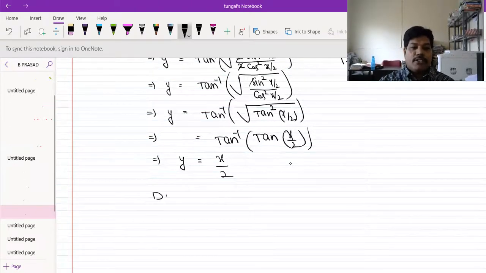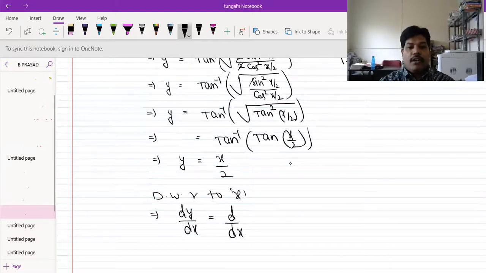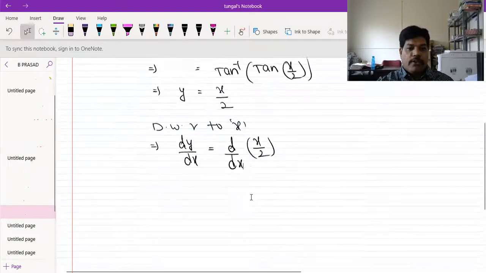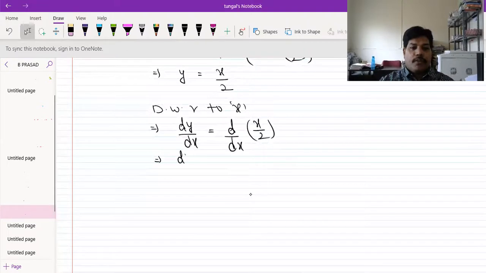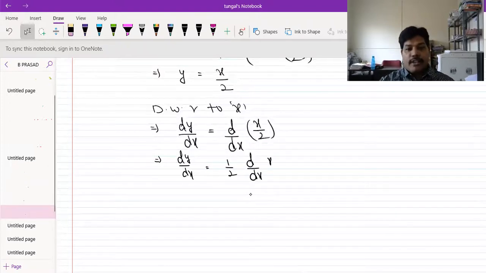So then differentiate with respect to x. What happens? dy by dx value, it will become the derivative of x by 2. So how can you differentiate this? So that implies dy by dx is equal to 1 by 2 into derivative of x.